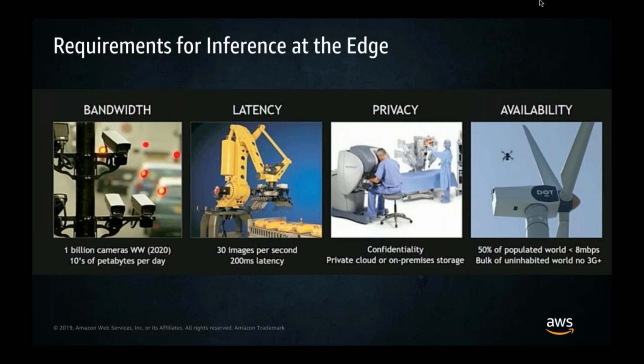You might require the video streams to remain on site. In some cases, availability is critical, yet the system is deployed in an area with an unreliable network, so there's no reliable connection to the cloud. So these are cases where you may want to do inference at the edge.